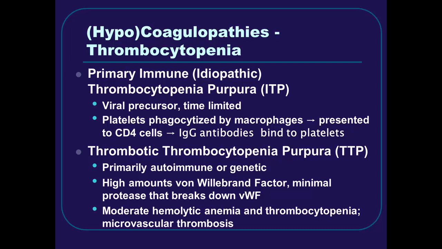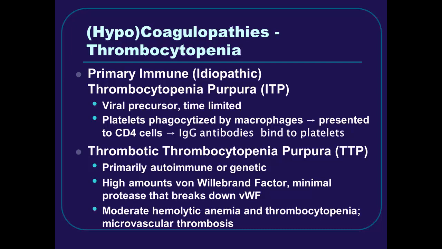So what you'll see here is those petechiae, but you will not generally see a life-threatening bleed because you do still have some platelets out there. So you'll see a decrease in the platelet count, but you generally don't see a dramatic drop in that platelet count, like below 50,000, where you would worry about spontaneous bleeds.